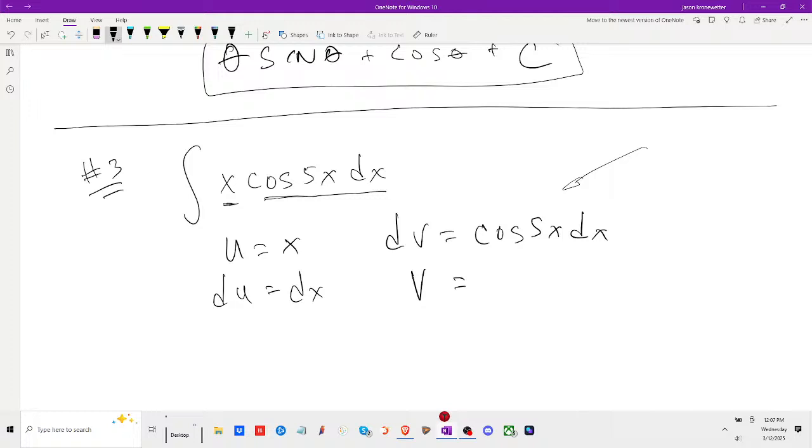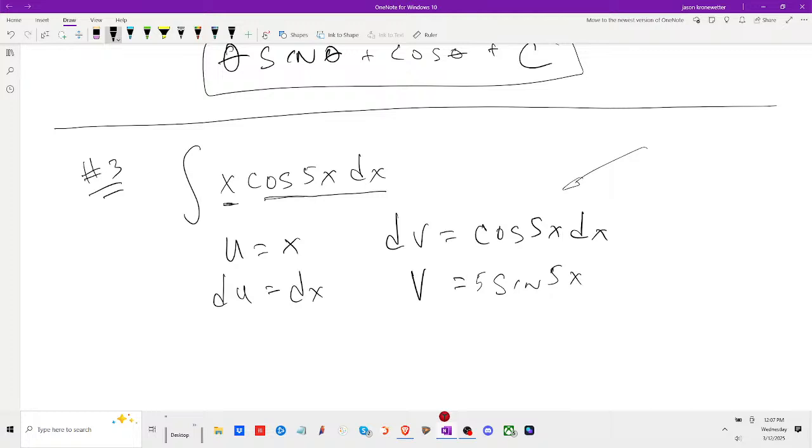So what you say to yourself is, okay, what's the thing whose derivative gives me cosine? Well, that's got to be a sine, right? And if I got cosine 5x for my derivative, I better have had sine 5x. But if I had sine 5x and I took the derivative, I would get a 5 out in front, right? And I don't want that.